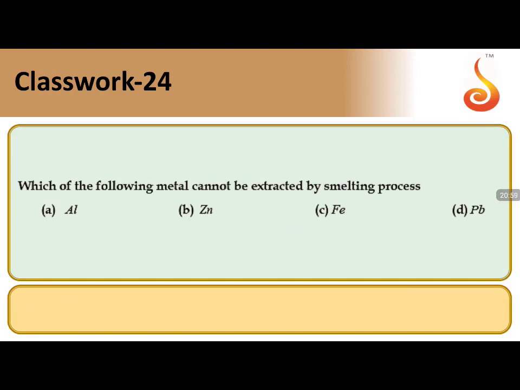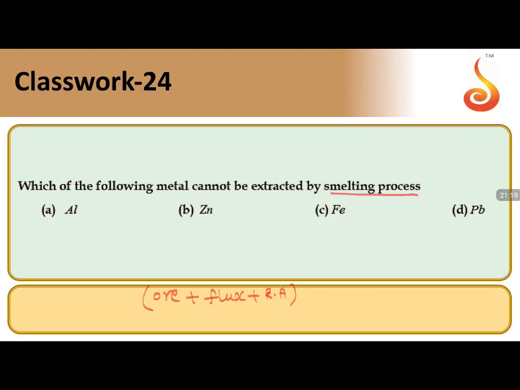Now coming to the 24th question, which of the following metals cannot be extracted by the smelting process? Smelting process. So we already said smelting, what will be the conditions? You should have ore plus flux plus reducing agent. These are the three things which are required for smelting.